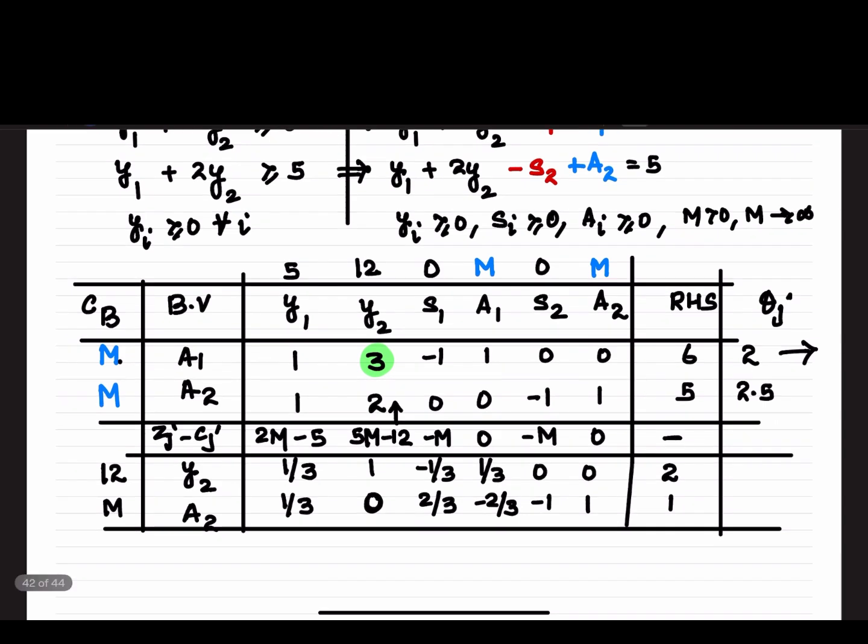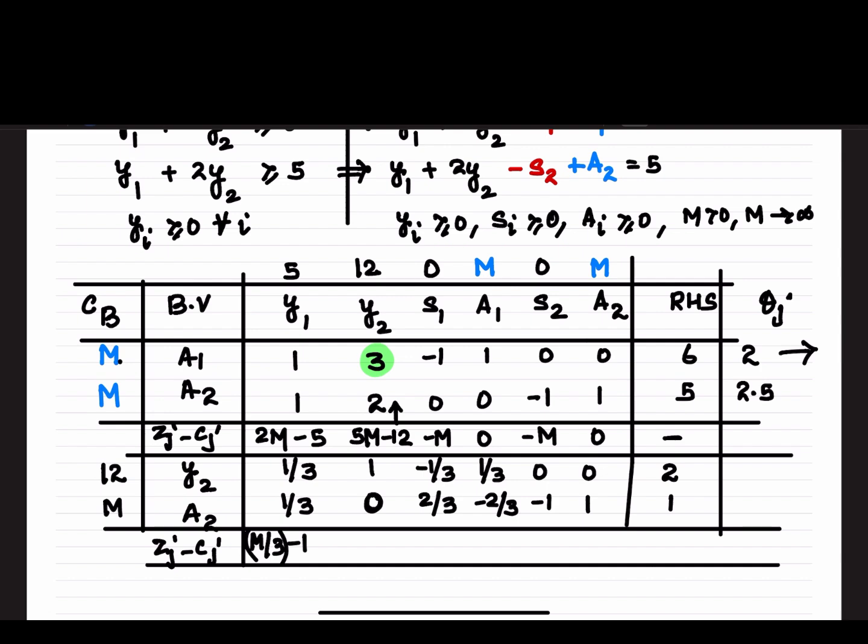Now calculate Zj minus Cj. Zj minus Cj comes out to be this: 12 into 1/3 is 4. 4 plus M by 3 minus 5. So this is M by 3 minus 1. M by 3 minus 1. Next is 0. Next is 2M by 3 minus 4.